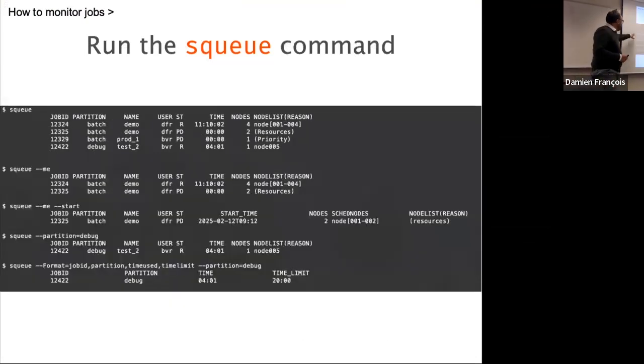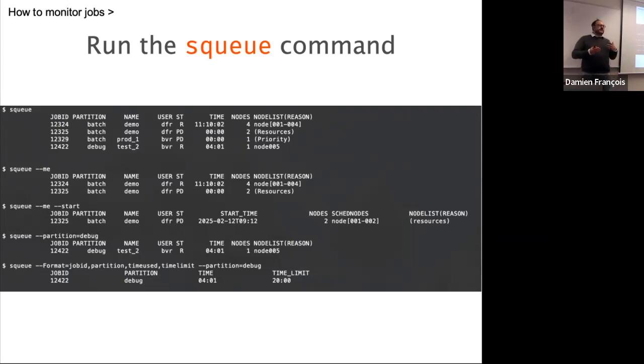Okay, so this is what I showed. SQ gives you a table, and you can filter the lines of the table, and you can also choose the columns. Here you see that I'm filtering the output of SQ to only show my jobs with --me, but I'm also using --start, which is a way to ask SQ to not show the default information, but show information about the expected start time of the job.